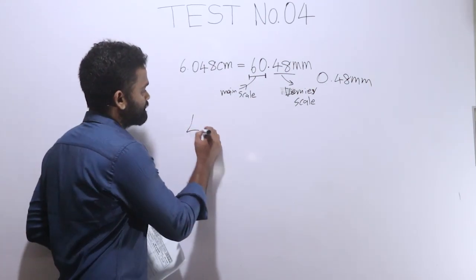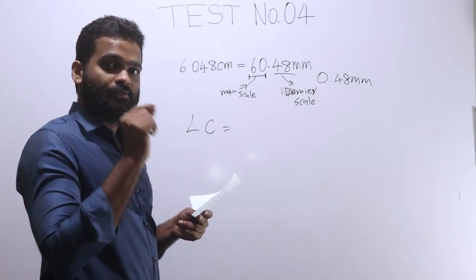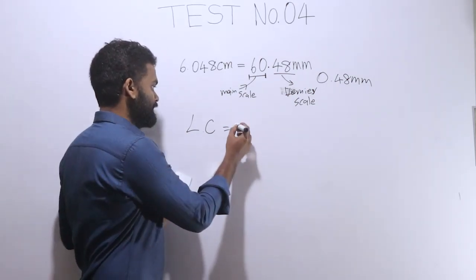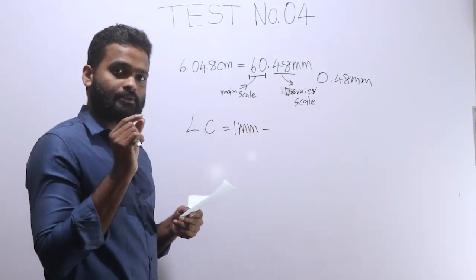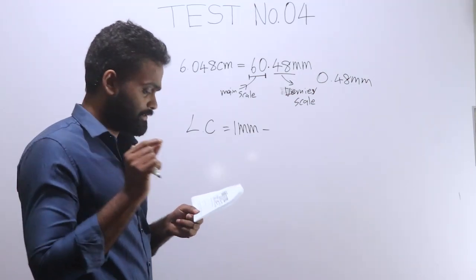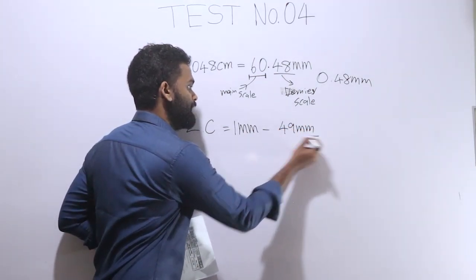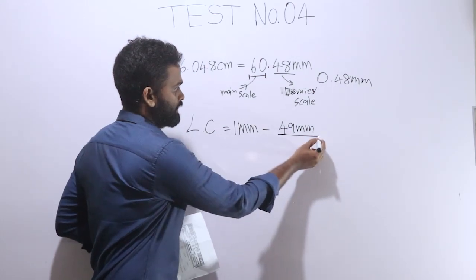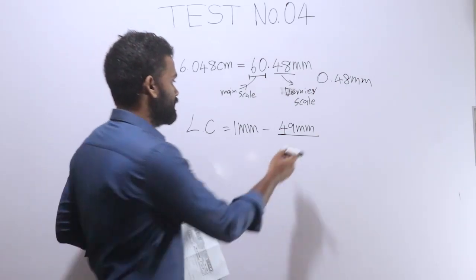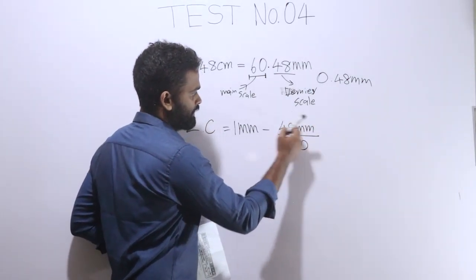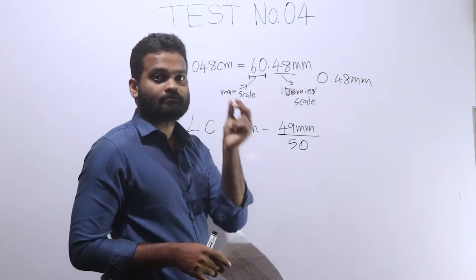Least count is equal to the length of one division of main scale, which in this case is 1 millimeter, minus the length of one vernier scale division. 49 millimeters of main scale length is divided into 50 vernier scale parts, so 49 divided by 50 millimeters is the length of one vernier division.